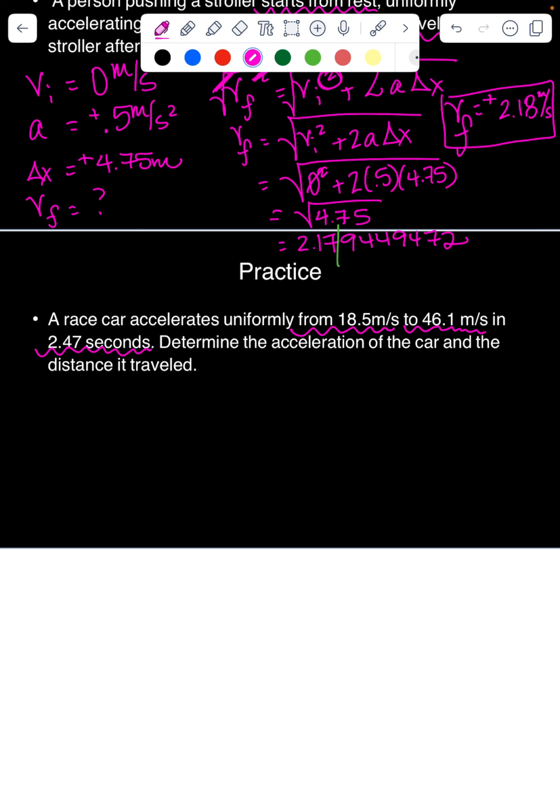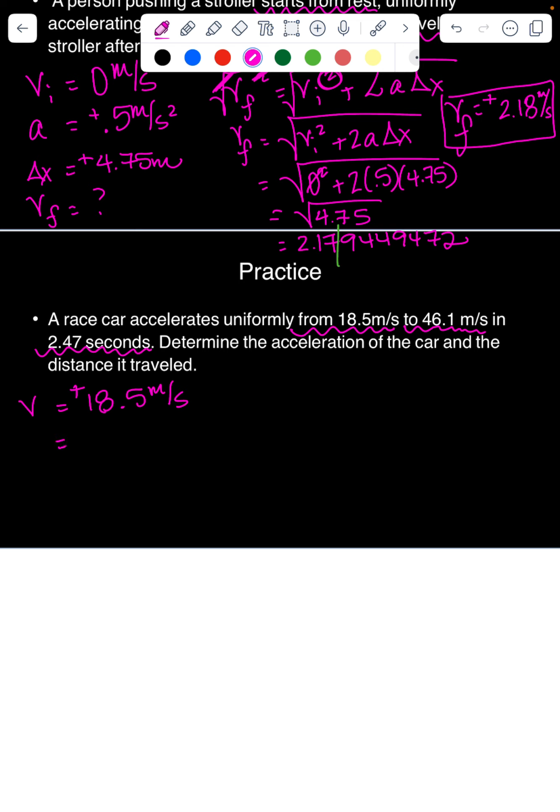All right, so we have 18.5 meters per second. Well, we know that meters per second is a type of velocity. We need to know that velocity is a vector quantity, so it does need to have a direction. Again, I did not give you a direction, so we assume it's going to be in the positive direction.